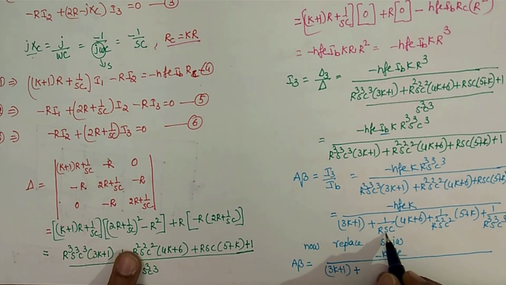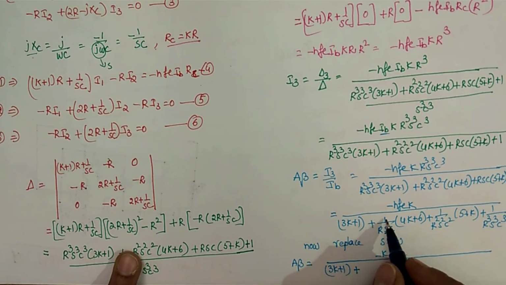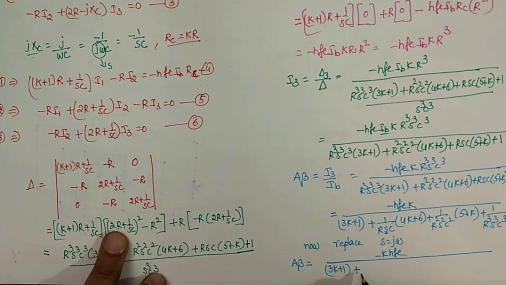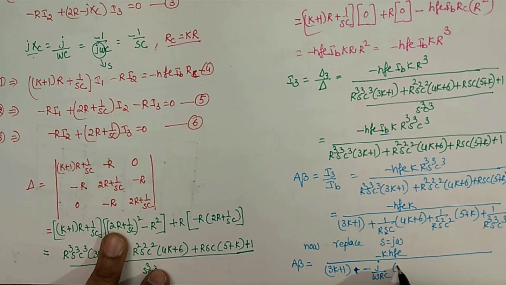So if you keep J omega here, 1 by J omega RC. So now multiply it with J and divide it with J. In the denominator, it will be with 2 J's, J into J, J square, it becomes minus. So instead of this, it is minus J by omega RC of 4K plus 6.